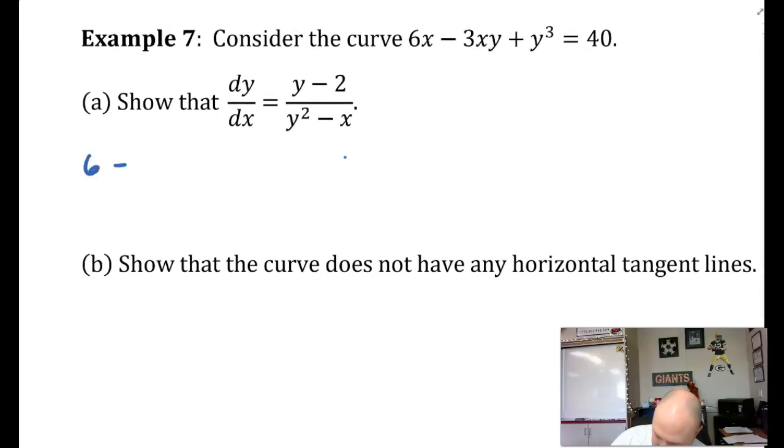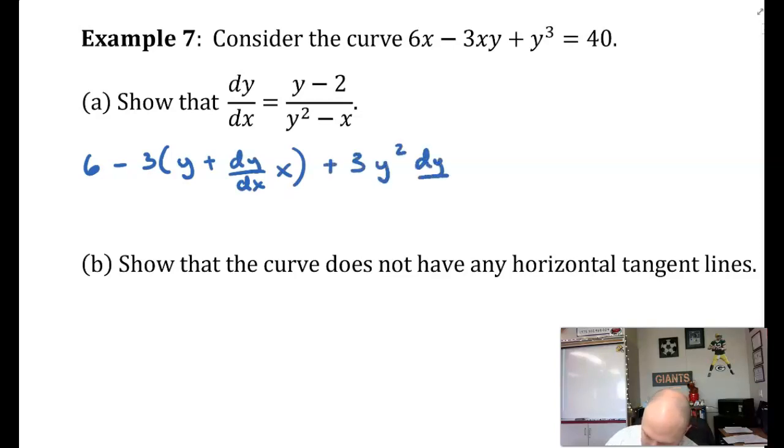So I get 6 minus 3 times, I have to do a product rule here, y plus dy/dx times x, plus 3y squared dy/dx, which is equal to 0. Okay, so we'll go ahead and distribute.